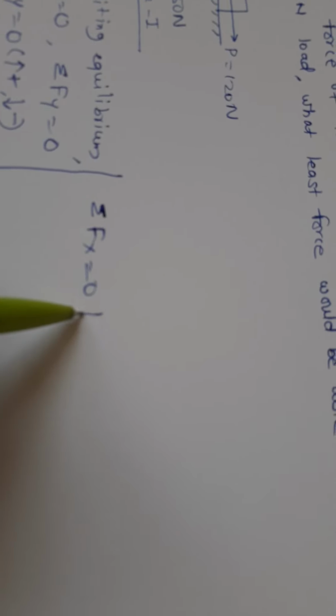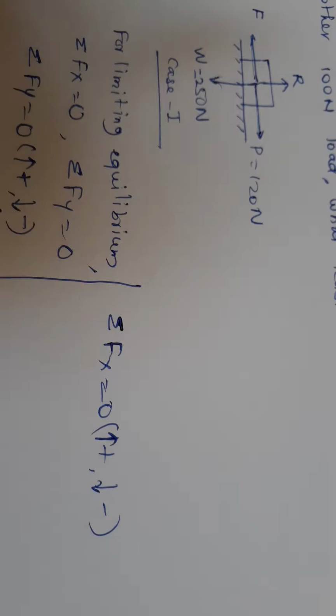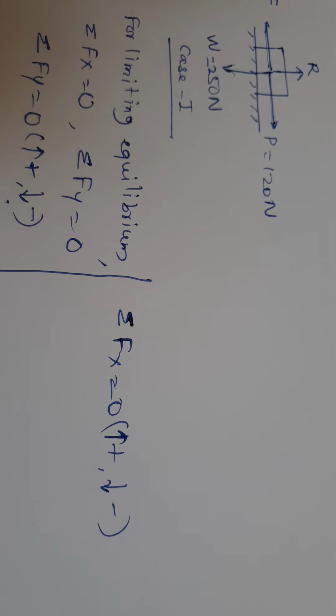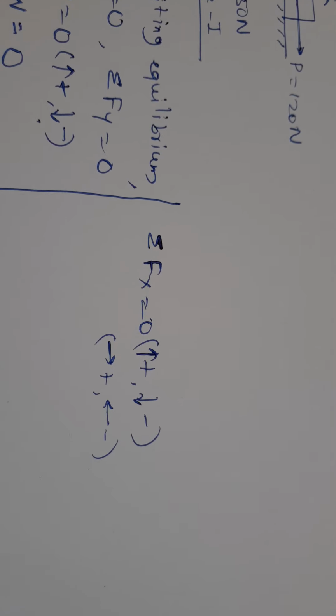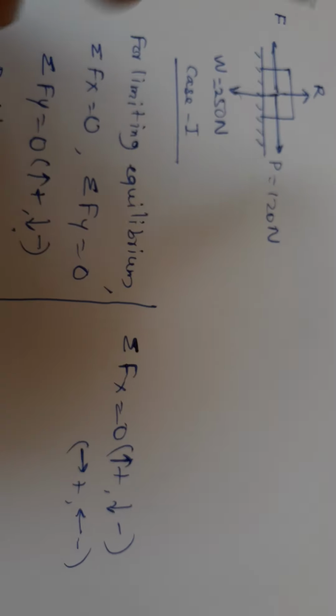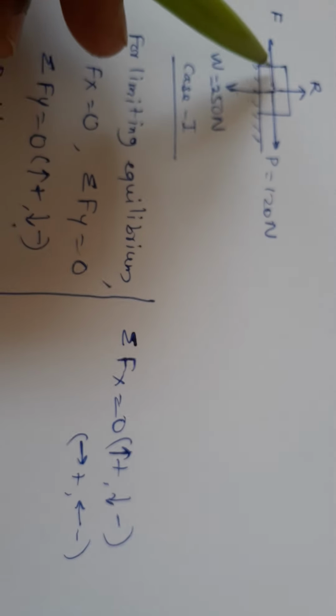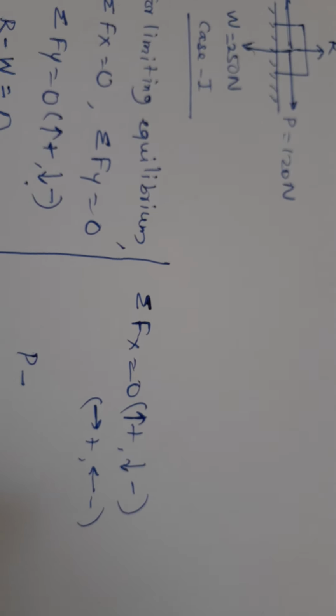If we take summation of forces in x direction as 0, forward force as positive and backward force as negative as per sign convention, then the forces acting in x direction are P and F. P is forward, so we take it positive.